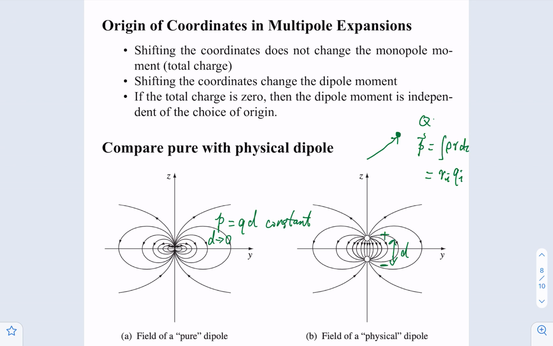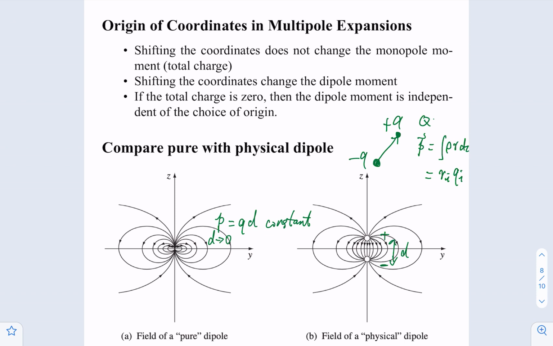And now let's check what's the case for a dipole where the total charge is 0. So here what I consider is plus Q and minus Q. For this dipole, the first order monopole term is 0.